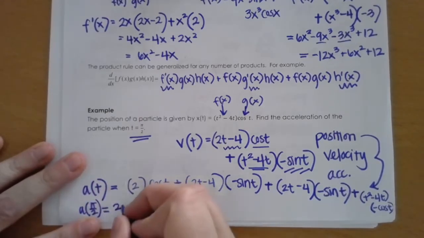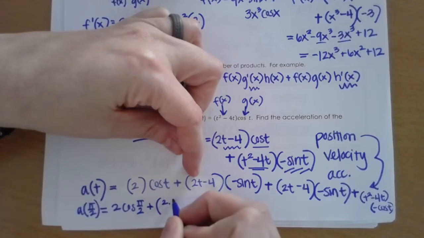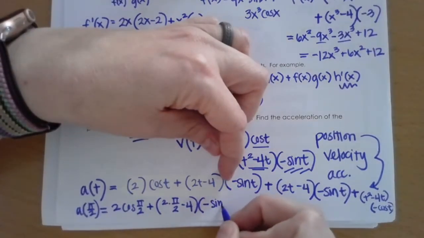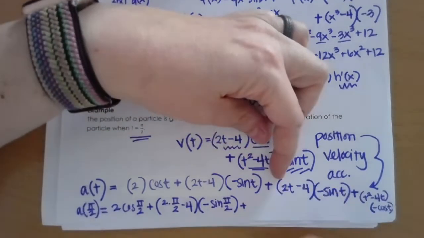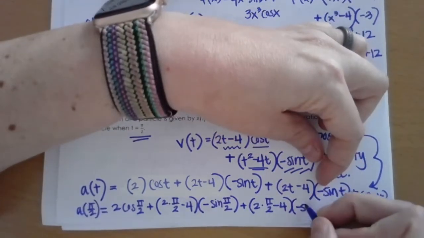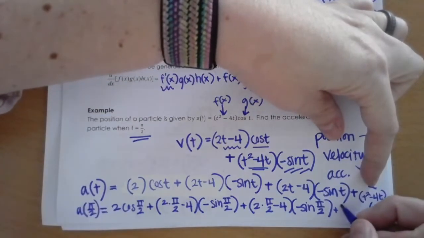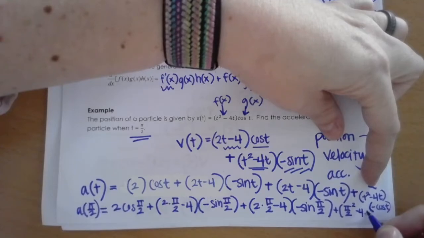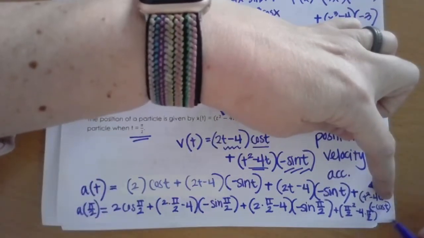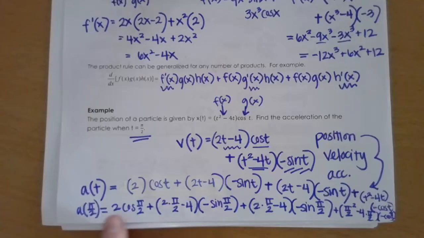So we have 2 cosine pi over 2 plus 2 times pi over 2 minus 4 times negative sine of pi over 2 plus 2 times pi over 2 minus 4 times negative sine pi over 2 plus, I'm running out of room, we've got pi over 2 squared minus 4 times pi over 2 times cosine, I'm going to write really small, we've got negative cosine of pi over 2. Hopefully you wrote that in. I have run out of all this room.